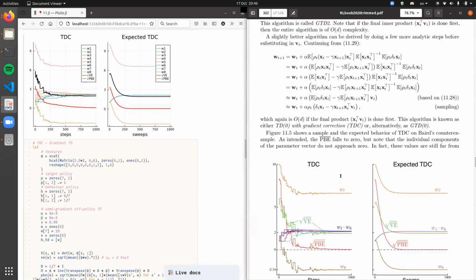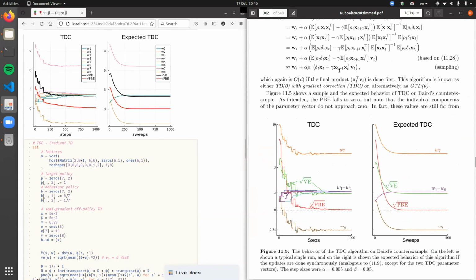By running this algorithm, we have this converge. So now you can see that the weight vectors are not divergent in this case, but convergent to some values.